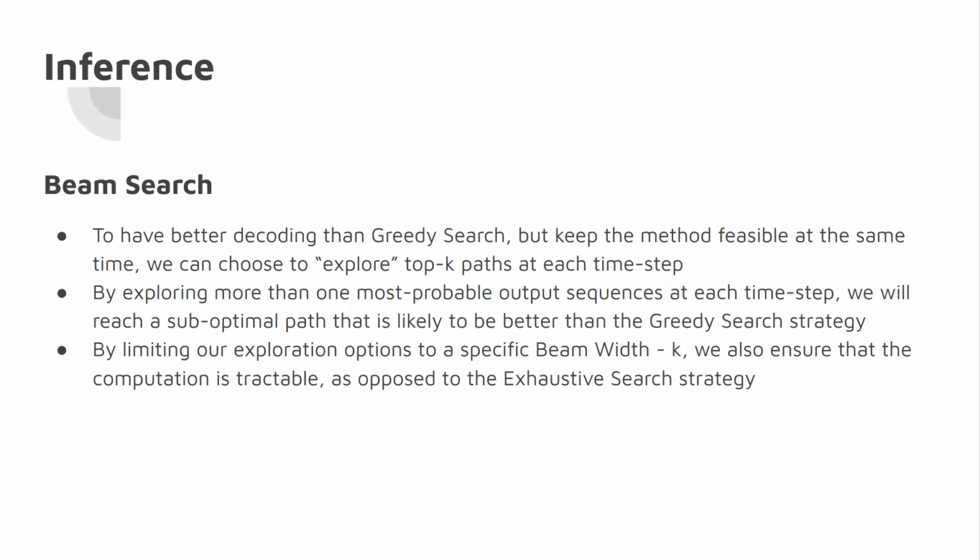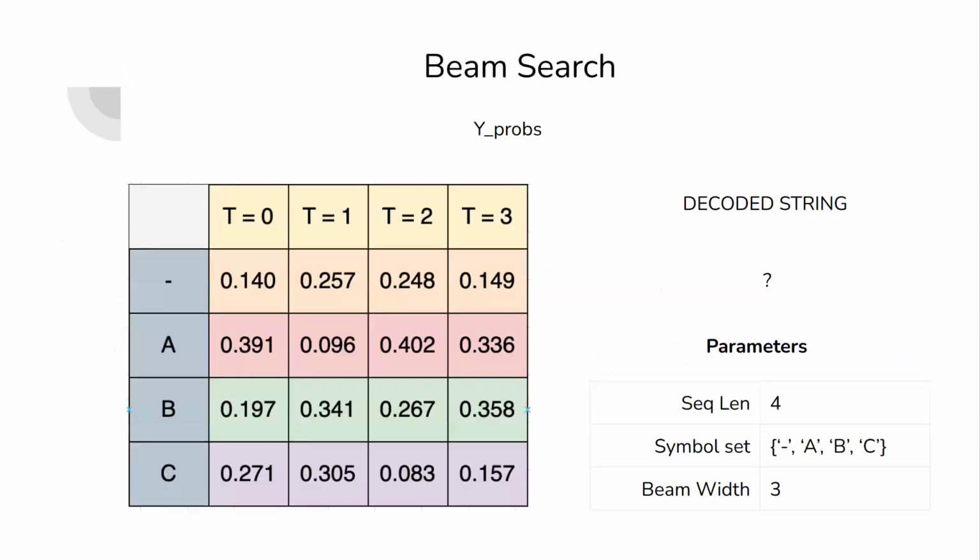So with the beam search, at every time step, we are trying to find the top k most probable predictions. For example, if we choose k equal to 2, then it gives us the possibility of going with the two most likely predictions, which could have a higher sequence probability than just selecting one like the greedy approach.